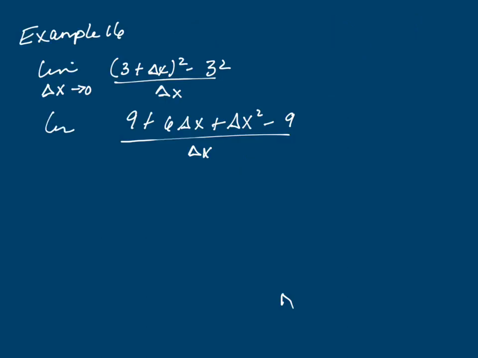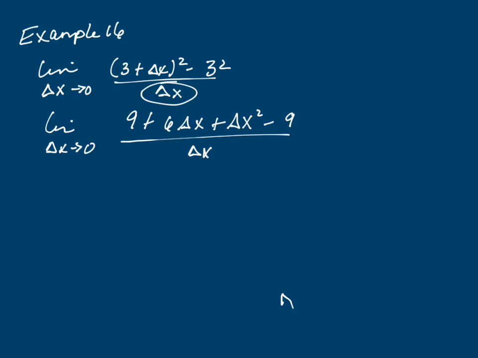This looks a little crazy, but just act like delta x is a variable. So, you have a 0 on the bottom, but you don't know for sure. You haven't simplified this to see whether or not that delta x can go away, so you can't just say it doesn't exist. You have to actually work it out.